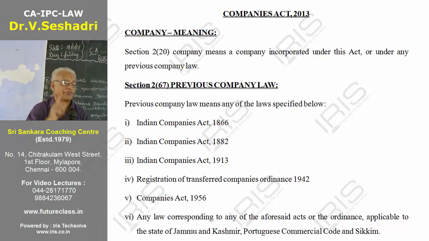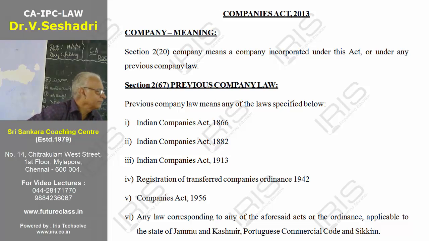Now, if the promoters of the company, or any person connected with the formation of the company, gives false information, knowingly gives misrepresentation, or there is an error in the sworn declaration, or it has been given with a fraudulent motive, then he is liable for punishment under section 447. Last class I mentioned section 447. 447 gives the liability for fraud.